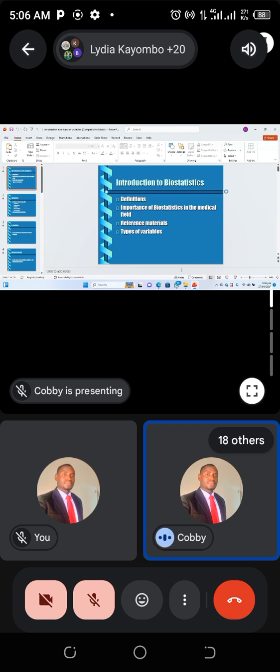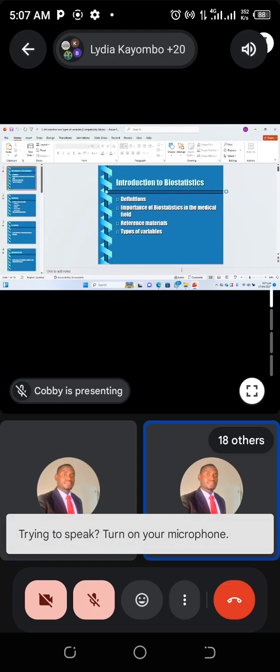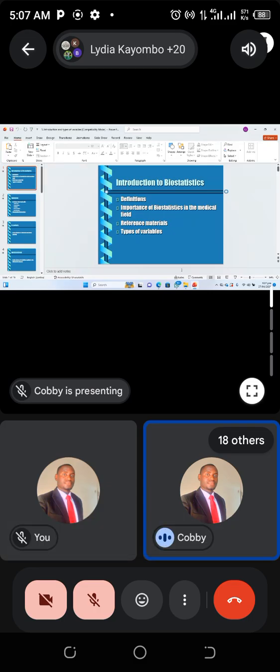Now to understand more on the problem in the population, we can use biostatistics to understand what is happening in the population, who is affected, is there a relationship, is there an association, is there a link between this factor and the outcome, or this factor and the disease?